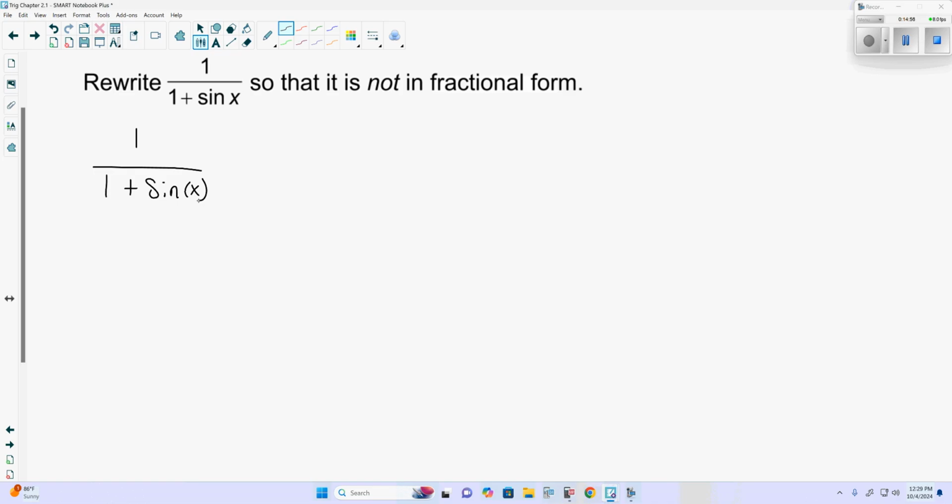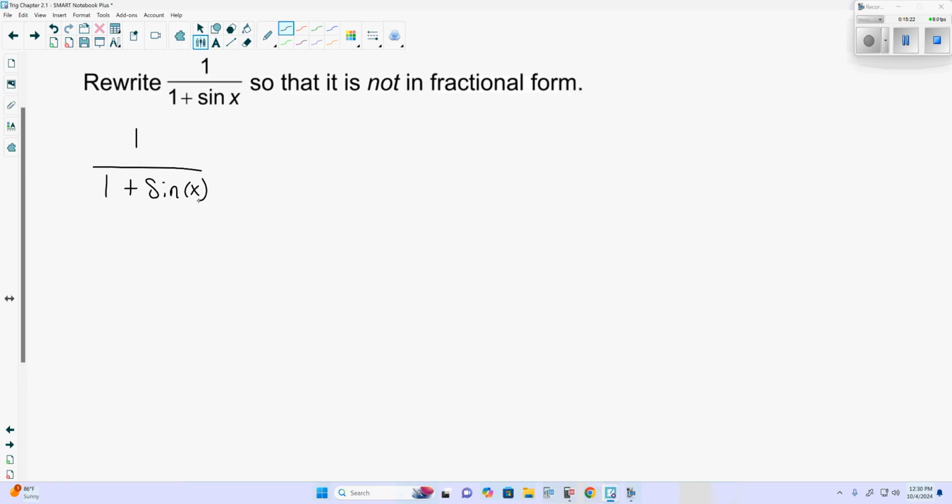We want to rewrite this so it's not in fractional form. Well, we know that sine is 1 over cosecant, and cosecant is 1 over sine. But 1 plus sine we don't have anything for. So it'd be nice if I can rewrite it as a single term, yes?